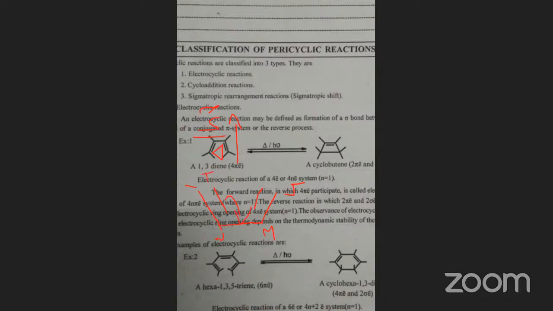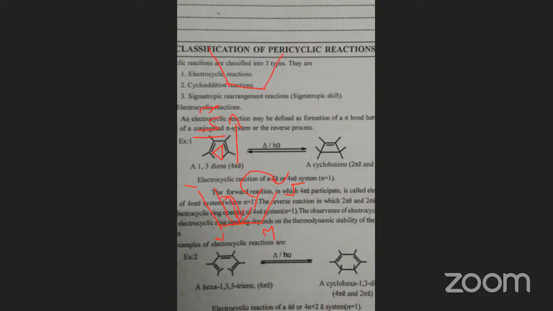Once more, wait a minute. These pi bonded electrons are shifted here. Then the next pi bonded electrons, of the third and fourth carbon, are shifted over here. This carbon gets the positive charge, and then these pi bonded electrons are shifted here.